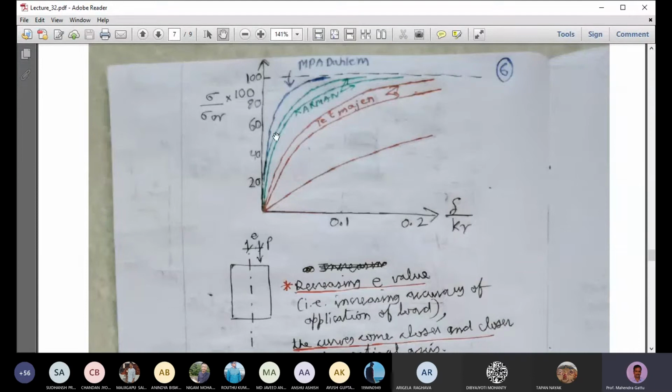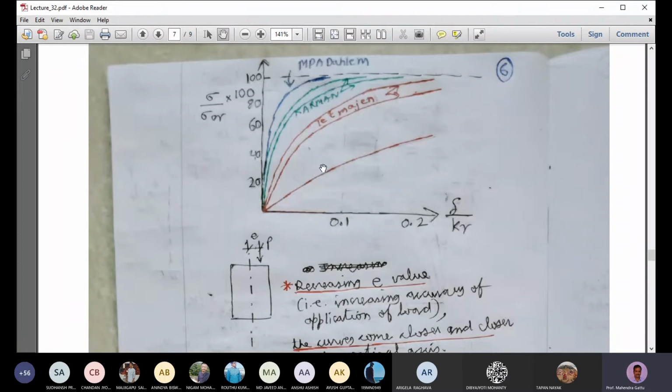So experimentally they have verified this behavior of columns. They found that with decreasing eccentricity, the curves were getting closer and closer to the vertical line, and as the load reaches the critical load, that is the critical stress here, they write sigma by sigma critical, the deflections are blowing up. Okay, so the deflections are increasing very rapidly.